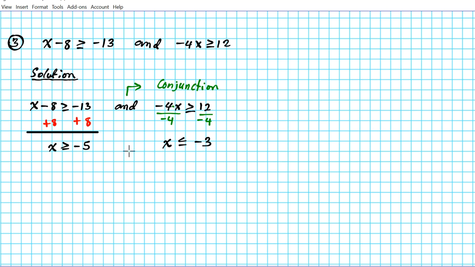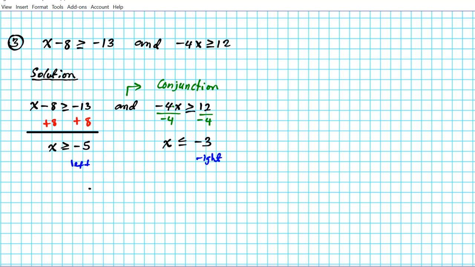Now, since this is a conjunction, we have to combine the inequalities. Okay, so which one is bigger out of the two? This is bigger, so it's going to be on the right side of our compound inequality, and this is smaller, so it's going to be to the left. Alrighty, so what does that look like? We're going to combine them.